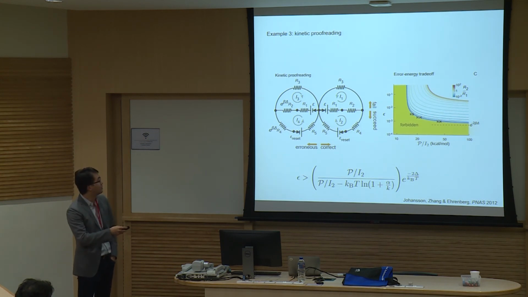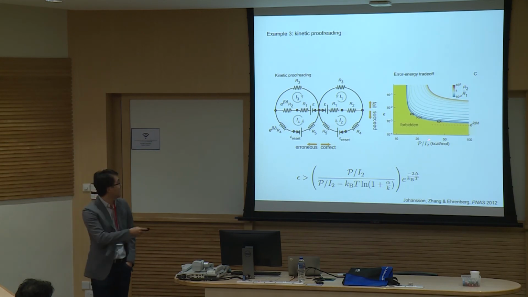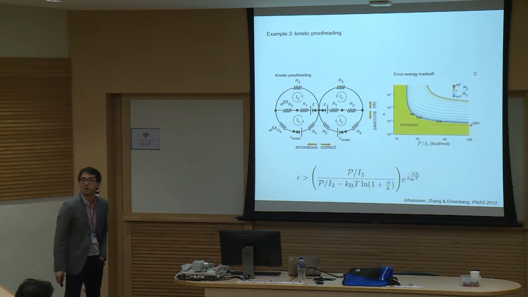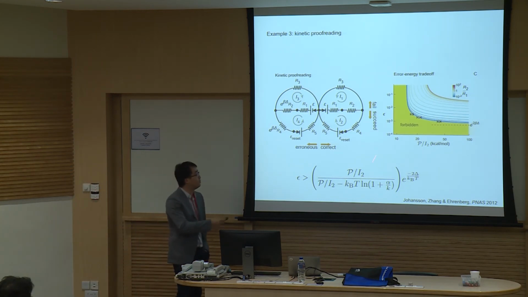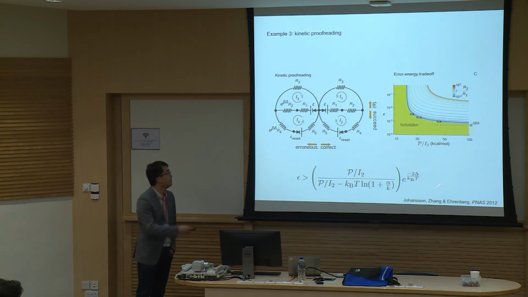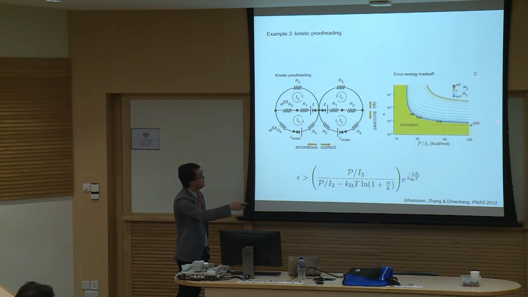What's interesting to note is that the biological system has evolved to be at the edge of this forbidden zone. In fact, by changing the magnesium concentration, the biological system willingly trades energy for error, but it's all along this forbidden boundary as defined by this equation.